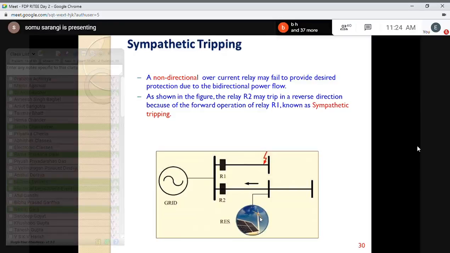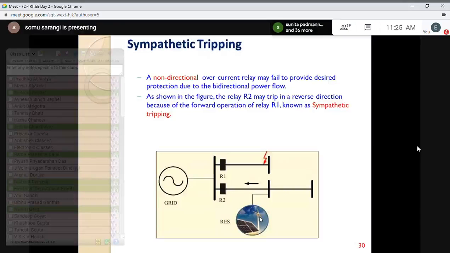But during the fault in the upper line, the renewable source connected in the lower line will also make fault current flow through R2. If R2 does not have a directional property, or is not a directional overcurrent relay, R2 will also see the fault current and operate.